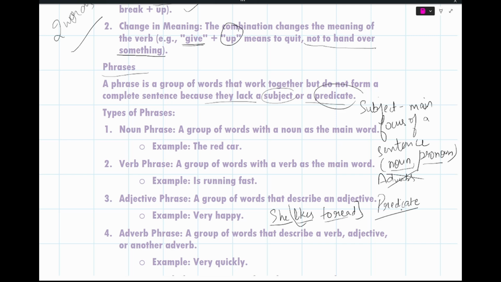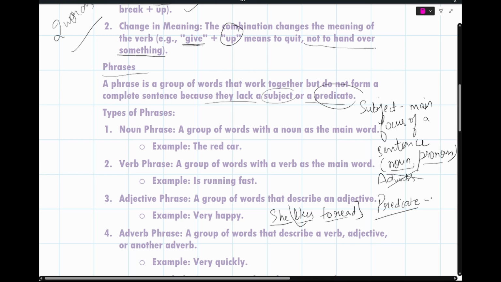It can have the verb, adjective, adverb and all the other components. It can also have a noun or pronoun, because a noun or pronoun can also function as an object.